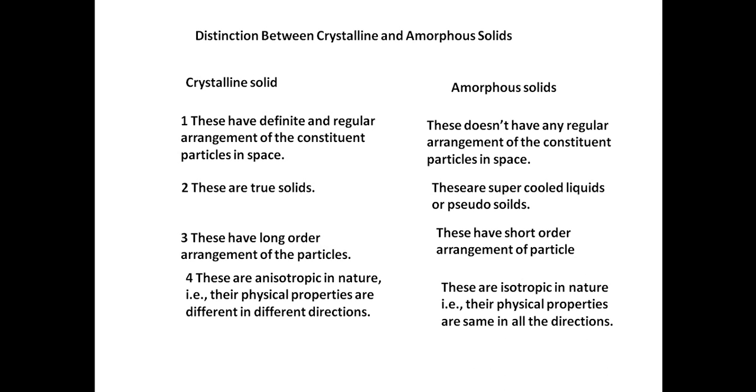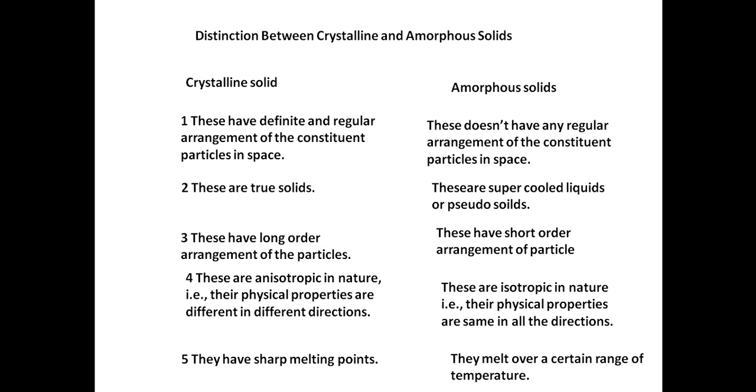Similarly, in case of isotropic solids, all physical properties are the same in all directions. Amorphous solids are isotropic and crystalline solids are anisotropic. If we discuss the melting point, crystalline solids have a sharp melting point, whereas amorphous solids melt over a range of temperature.